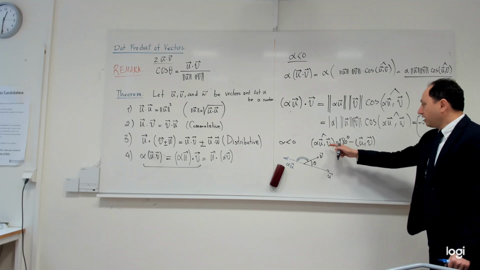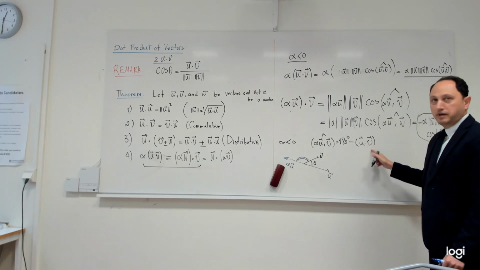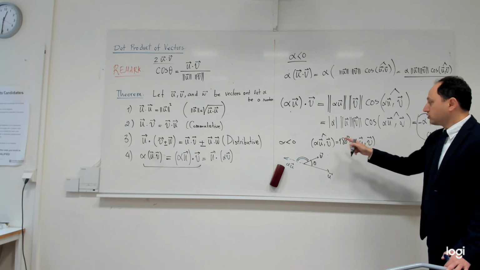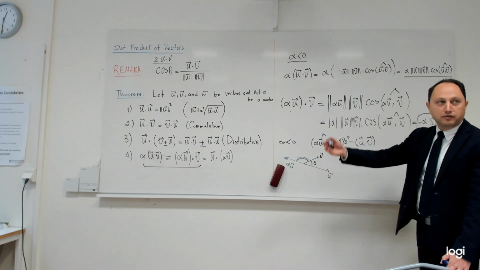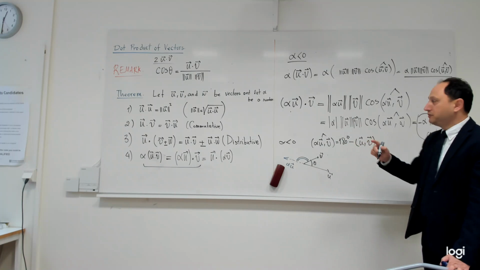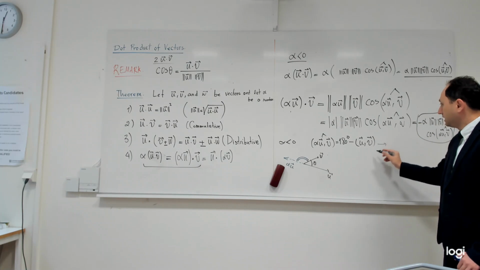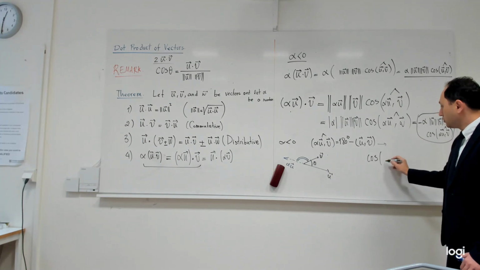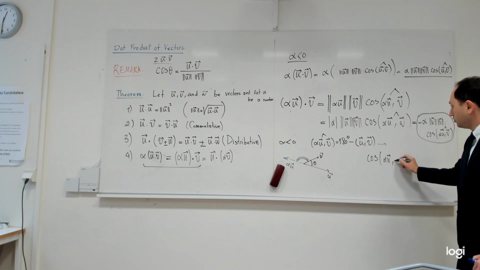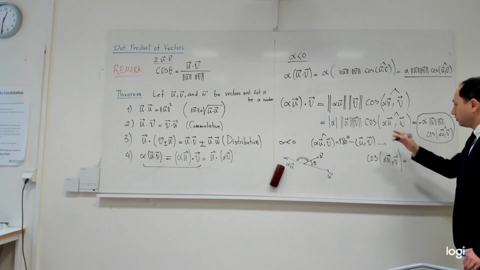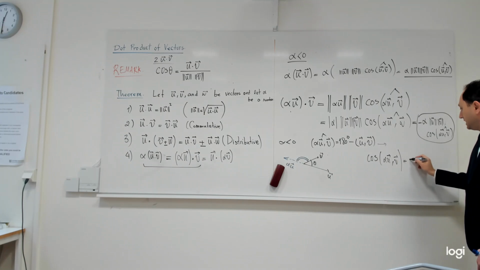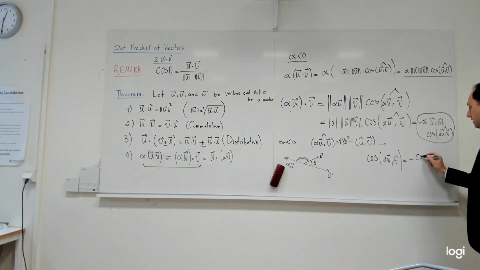Okay, and then if I have two angles, they are supplementary angles. And then cosine of one of them is negative of cosine of the other one. And that will bring me an extra minus sign that I can get rid of this minus sign. Yes? So this means that if I ask you what is cosine of alpha u and v, you would say cosine of this angle is negative of cosine of this angle.